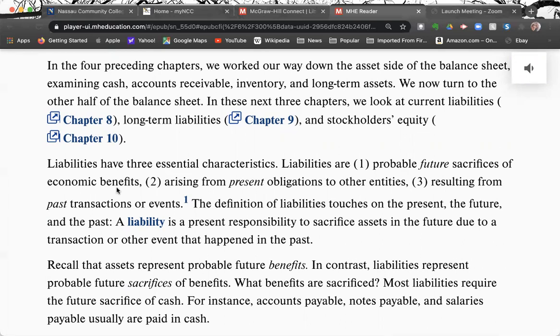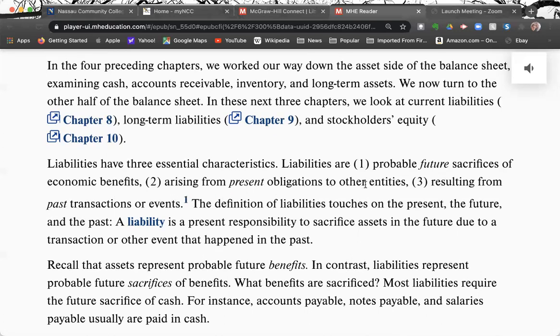Think about it. What do you pay your liabilities with? You pay them with cash, right? So here they're talking about a future. You buy something today, you pay for it next month. The payment next month is a future sacrifice of cash. When you see those words together, economic benefits, they're talking about assets. So which asset usually do you use to pay off your liabilities? You use cash.